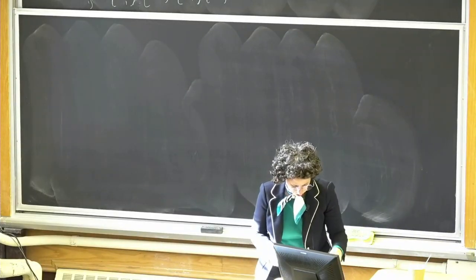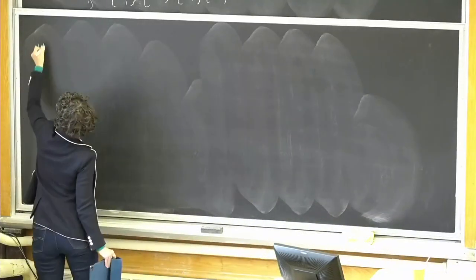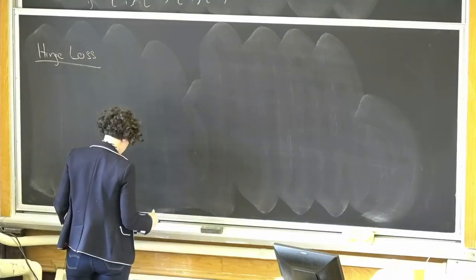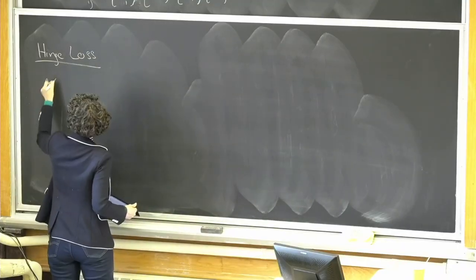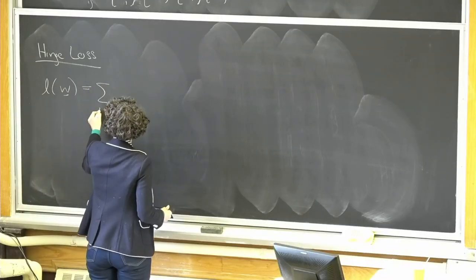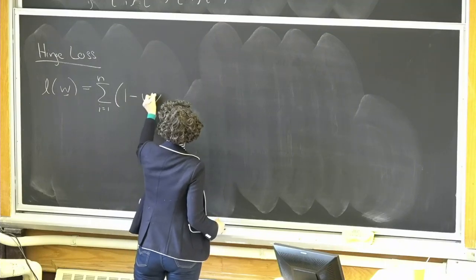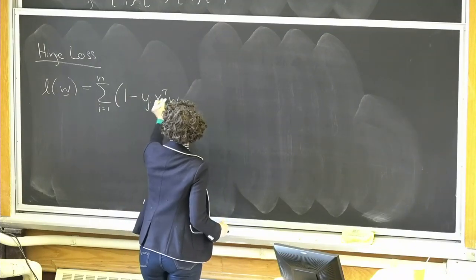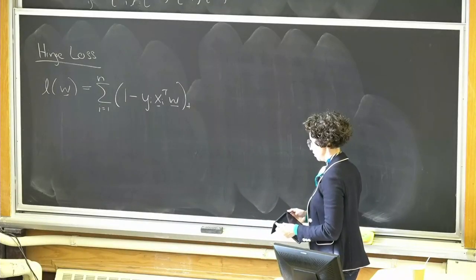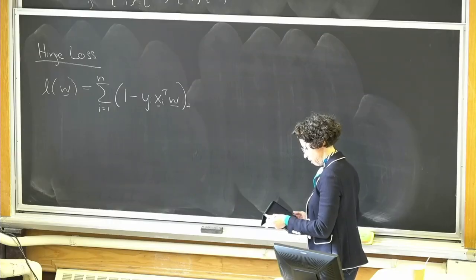Okay, so a little bit more carefully. When we talk about the hinge loss, the loss associated with a weight vector W is going to be the sum from i equals 1 to n of 1 minus y_i x_i transpose W, positive parts. So whenever the thing in parentheses is negative, then we go ahead and set it equal to 0.